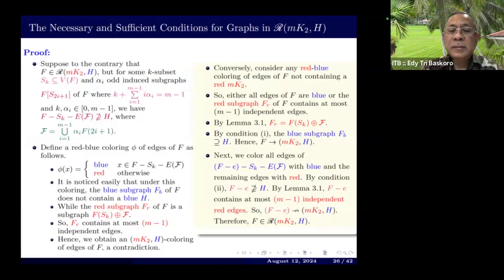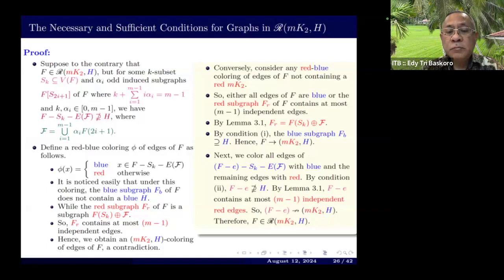And by the previous lemma, lemma 3.1, we have the decomposition of all the red edges in F. And by the first condition, the blue subgraph FP contains H. Therefore, we have the implication F implies MK2, H.